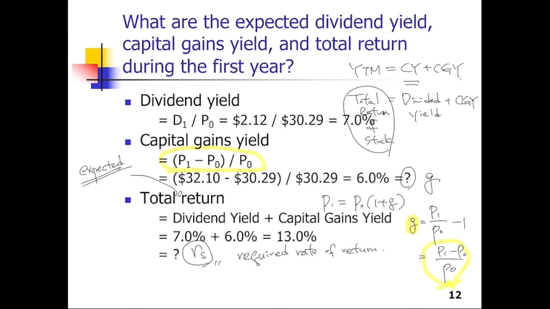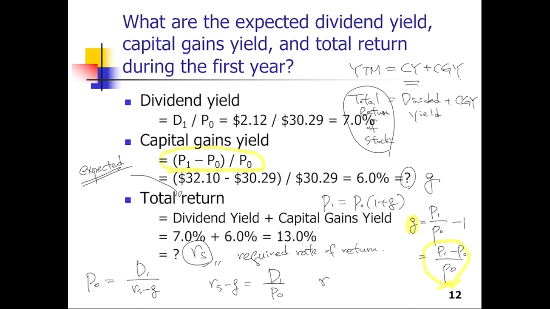These two should be the same. From this equation, P0 is D1 over Rs minus G, right? And Rs minus G is equal to D1 over P0, right?